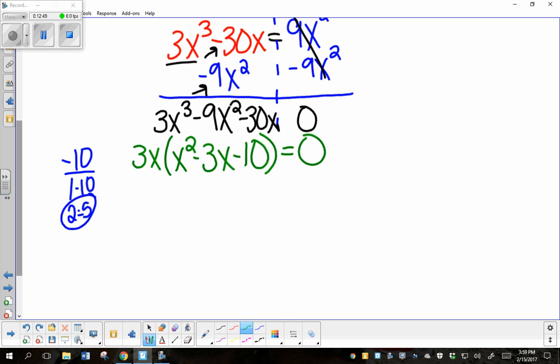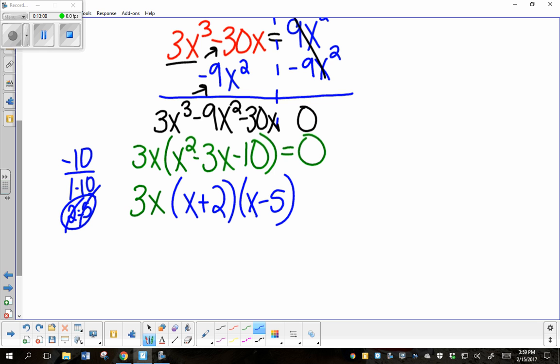So I've still got this 3x out here, and then this factors to x plus 2 because of that, and x minus 5 because of that. Now I'm completely factored. I've got three factors: 3x, x plus 2, and x minus 5.